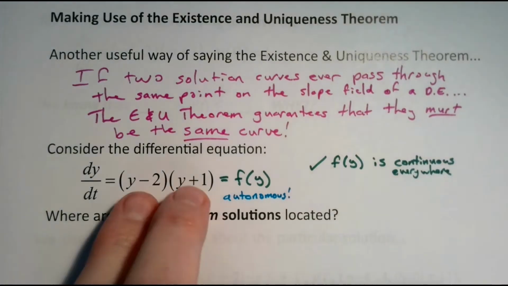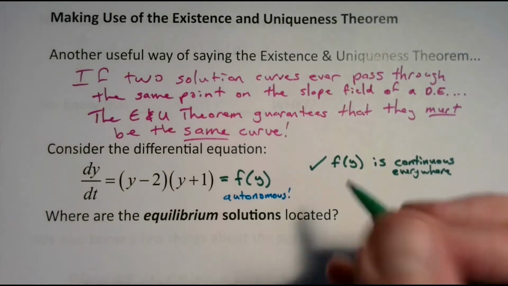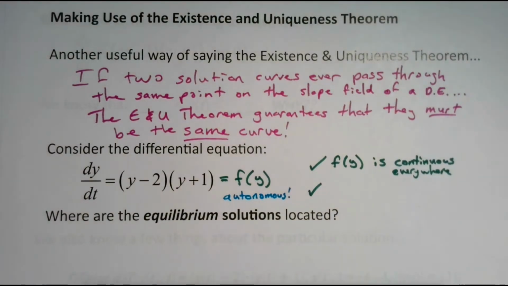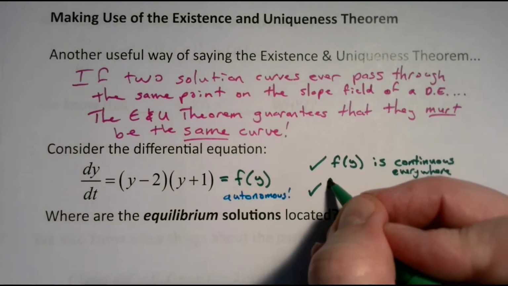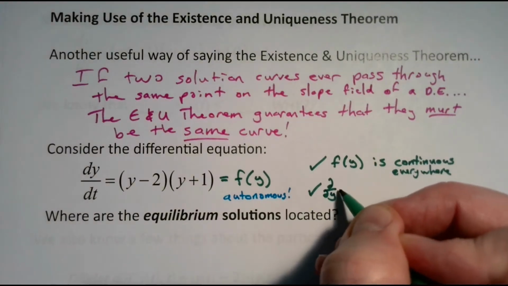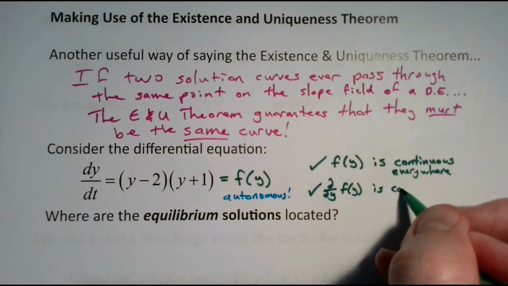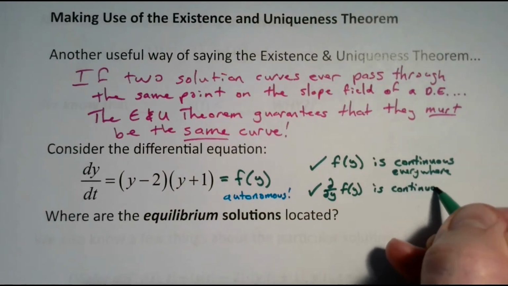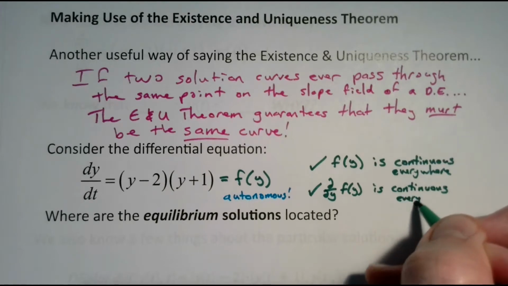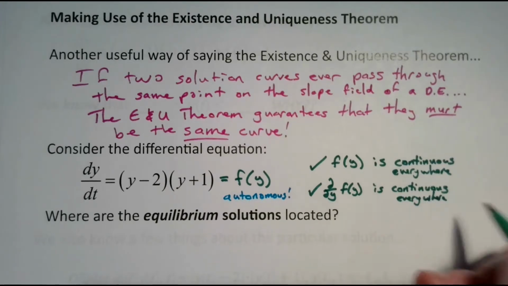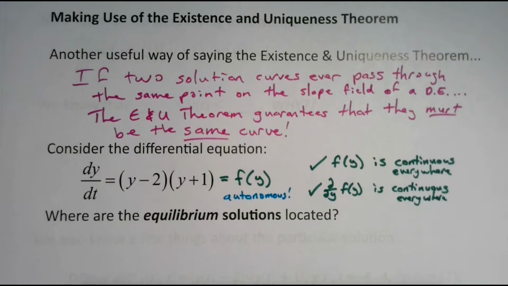It's a polynomial, so of course it's continuous everywhere. The other thing to recognize is that if I take the partial derivative of this function with respect to y, it's also continuous. Those two things together are the two requirements for the existence and uniqueness theorem.